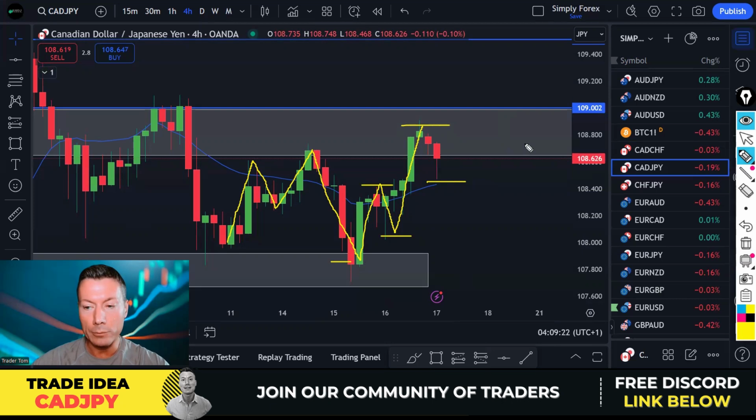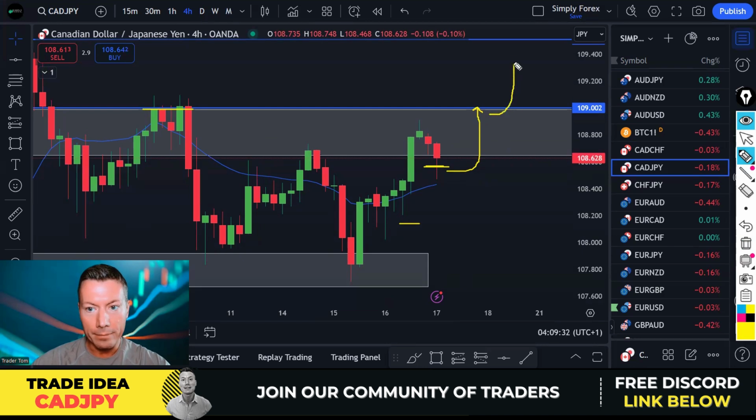I literally entered in here, put my stop below here, and I'm looking to take price, like I say, back up to this 109 level and then potentially all the way back up to here. All right, so yeah, in this trade right now, guys, Canadian dollar yen buys. There is more CAD strength.